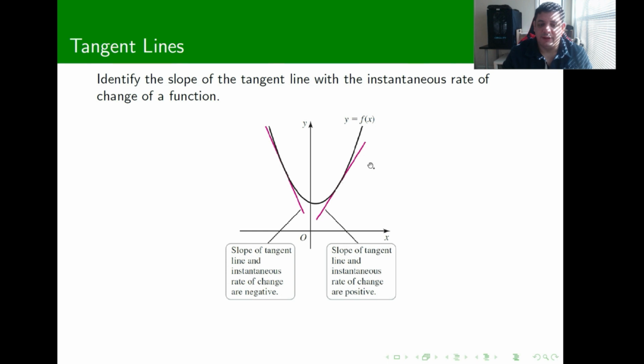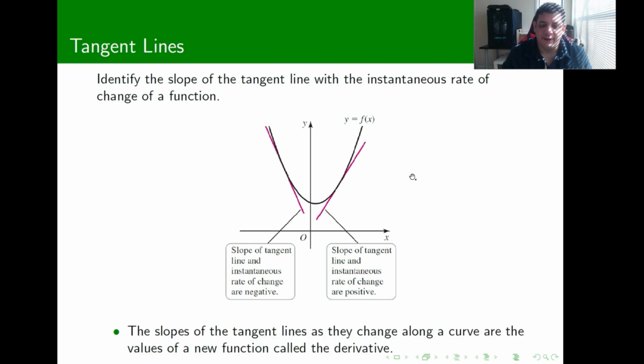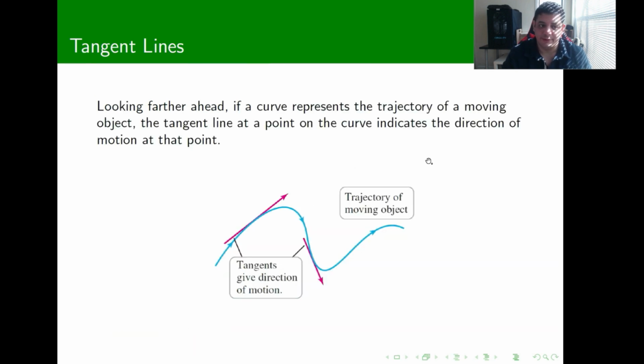We can think about this as the change along the curve, and the values that the slope has are going to give me a new function that I call the derivative.